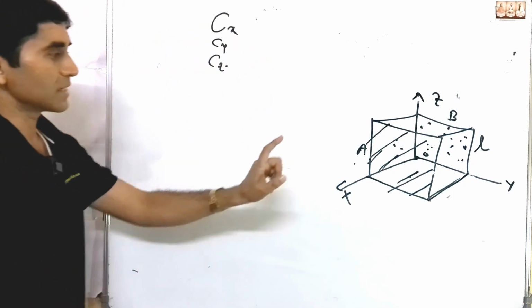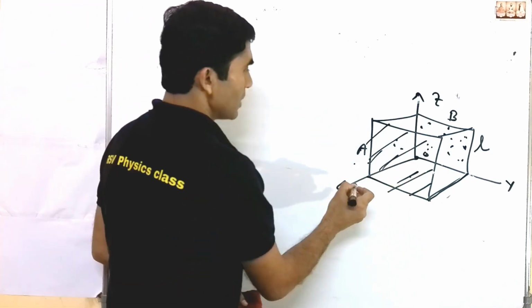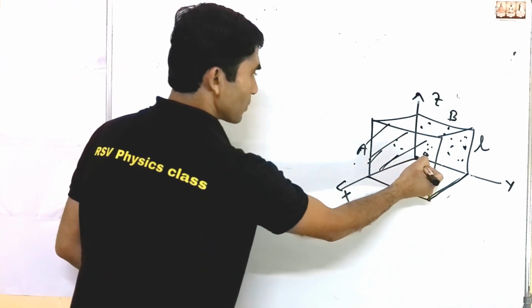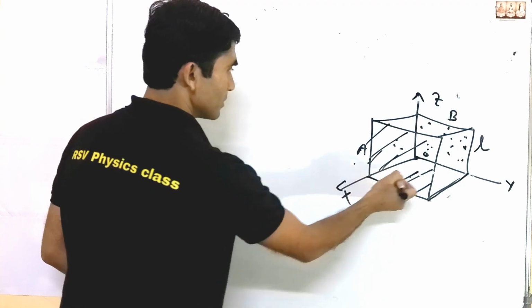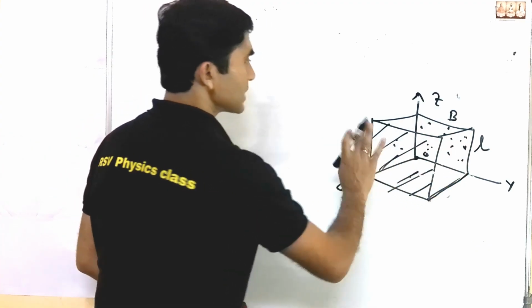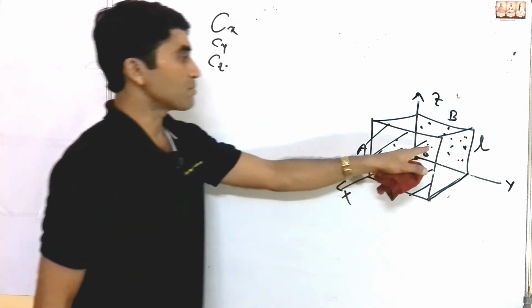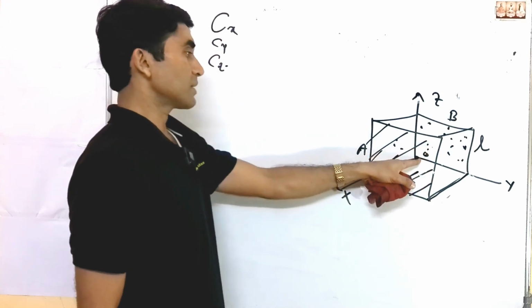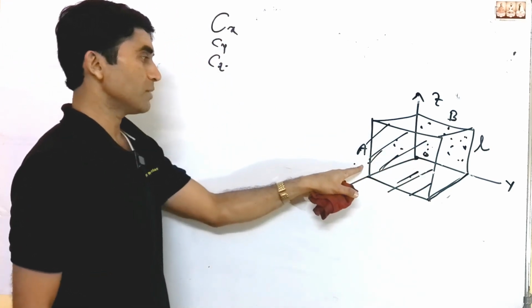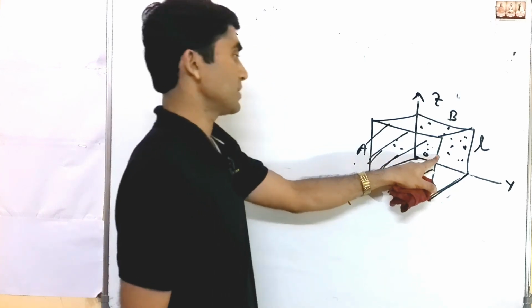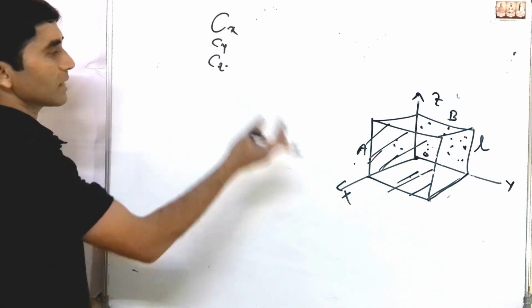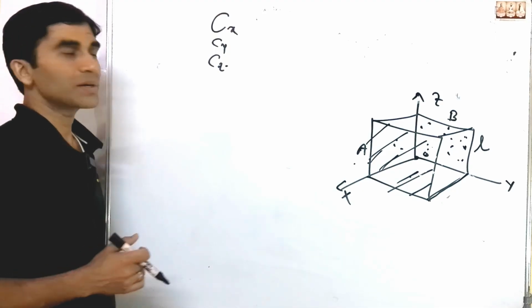Now consider the x direction. The molecule starts from the B surface, collides with the A surface, and again goes towards the origin. In this collision, what is the change in momentum?